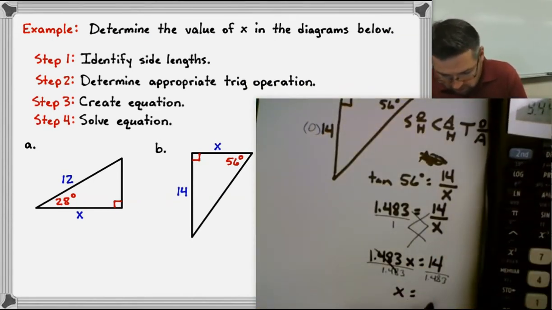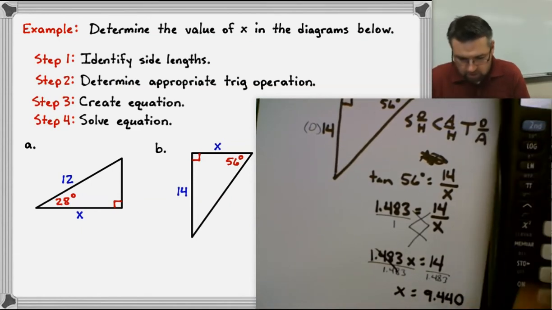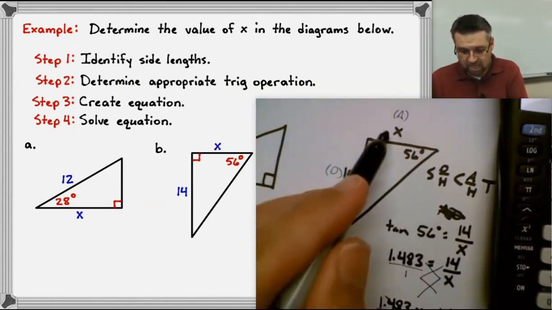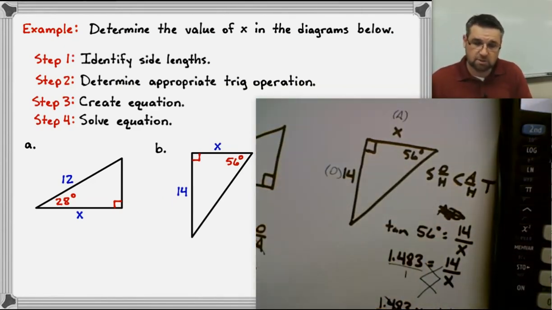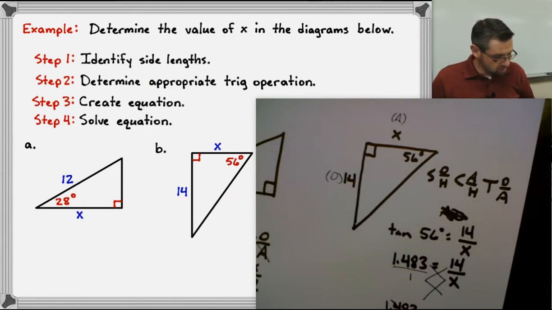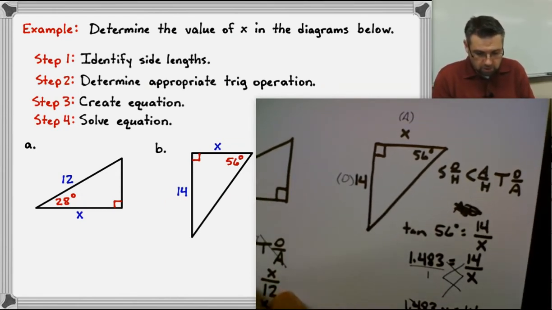So my answer here is going to be 9.440. That is the length of that particular missing side. Now I could find the other side by doing the Pythagorean theorem or doing another trig operation, to be honest with you. So there are two examples of what it looks like to solve a right triangle by using trigonometry.